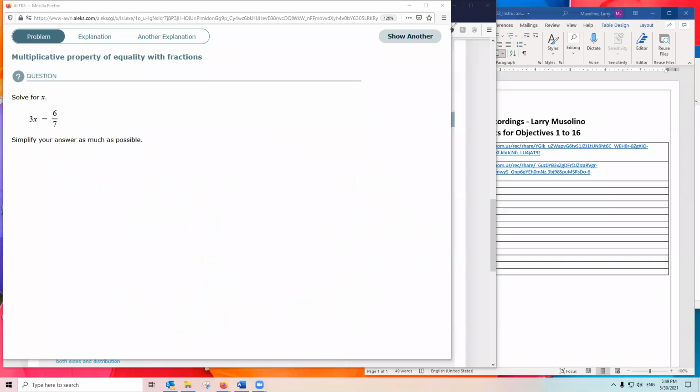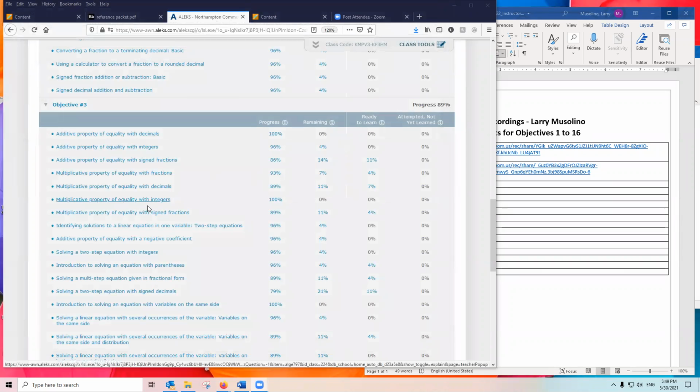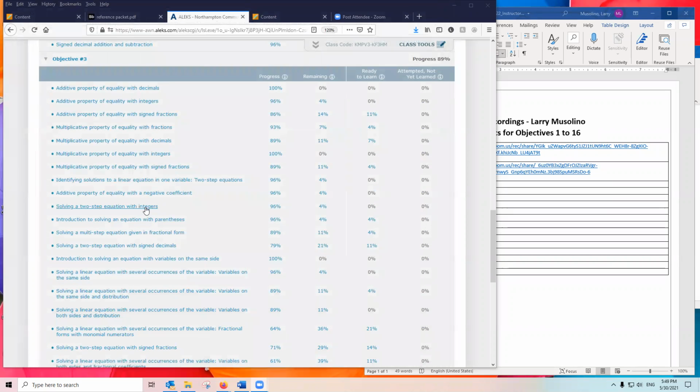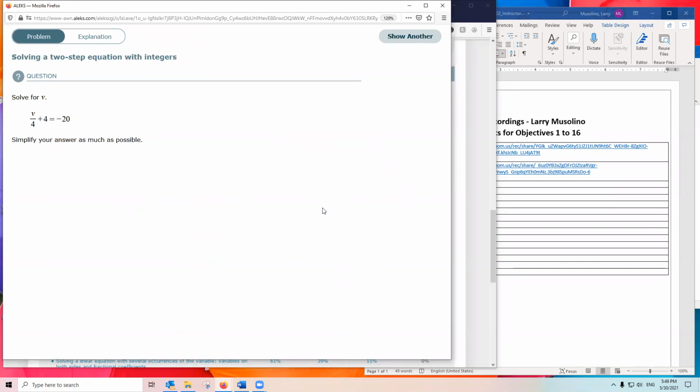All right, let's do a few more examples here. Let's do solving a two-step. What they'd like me to do here is solve this equation, which really means get v by itself on one side.